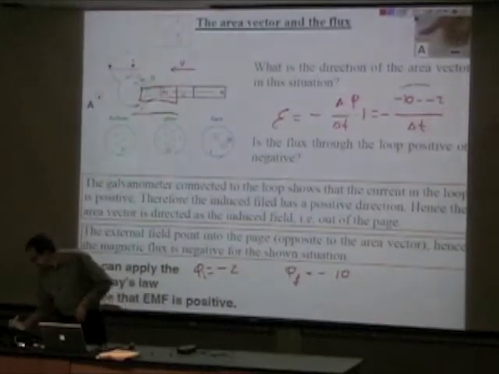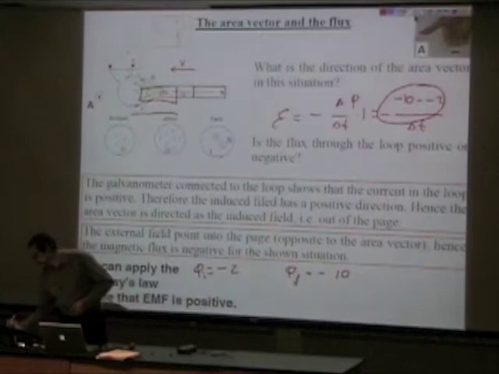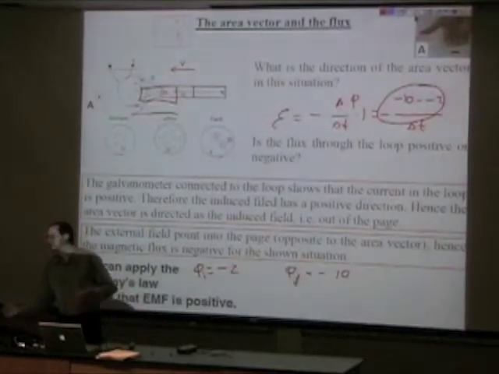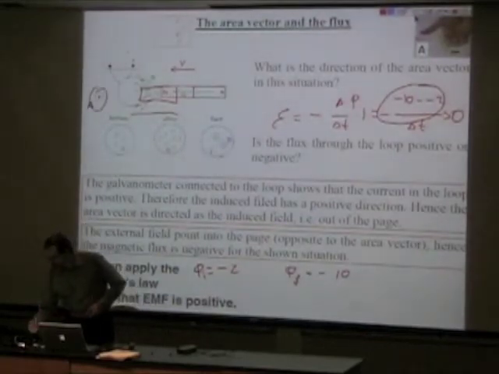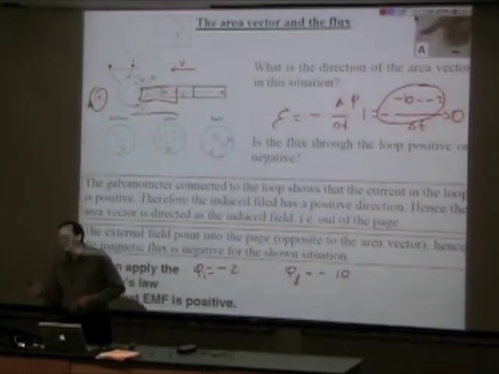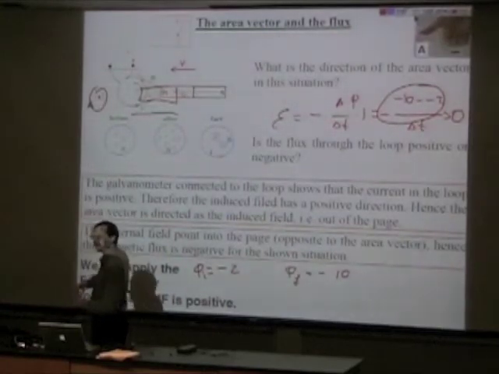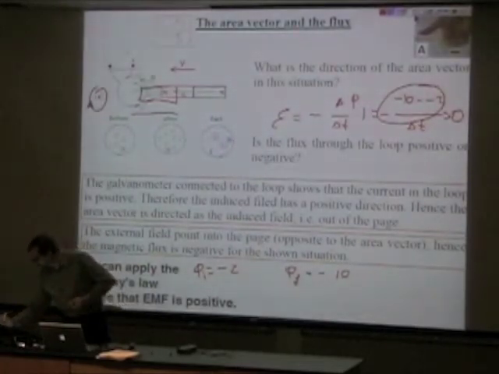So what number do we get here? Well, 8 over delta t is a positive number. So this choice of the area vector gives a positive current, counterclockwise current, if we just apply Faraday's law directly.